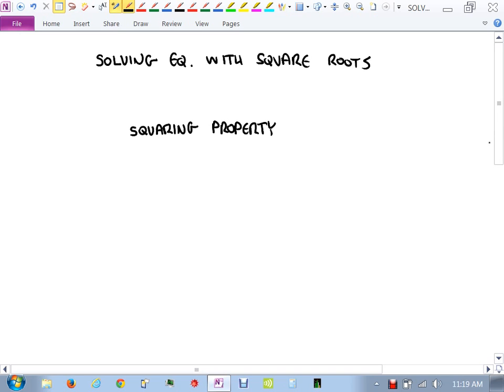Okay, the squaring property. Squaring property says this: if two things are equal to each other, if you have an equation where the left side equals the right side, A equals B, then this is always true. A squared will equal B squared.